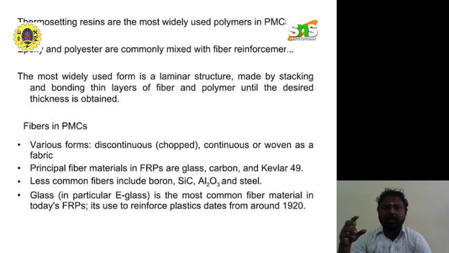Okay, and less common fibers include boron, silicon carbide, aluminum oxide, and steel, right? And then glass is the most common fiber material in today's fabrics. It's used to reinforce plastics, and around 1920 glass powder was the main composite material.